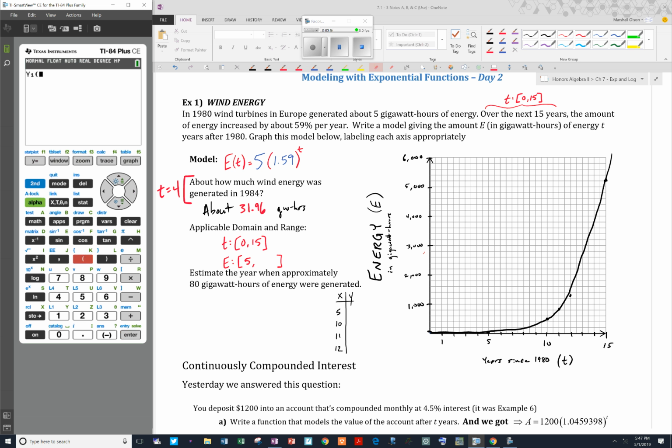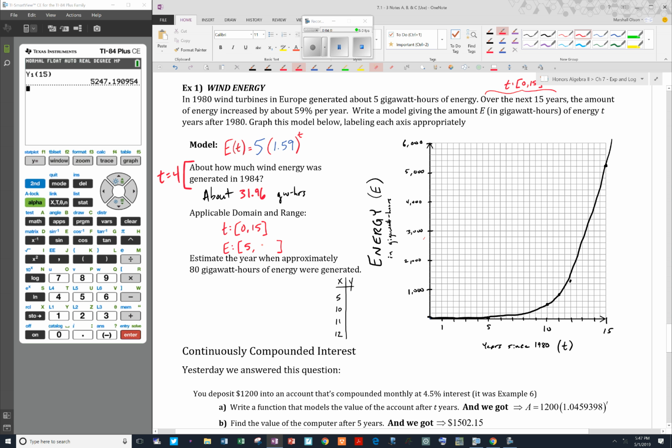And again, we want to put in parentheses whatever x value we're interested in, or in this case t, and that's 15. When I hit enter, that tells me the y value at an x value of 15. So about 5,247 would be our ending range value, or applicable range there.